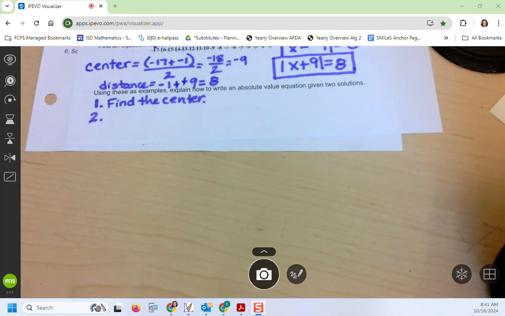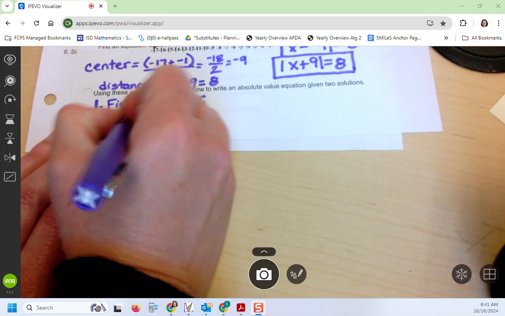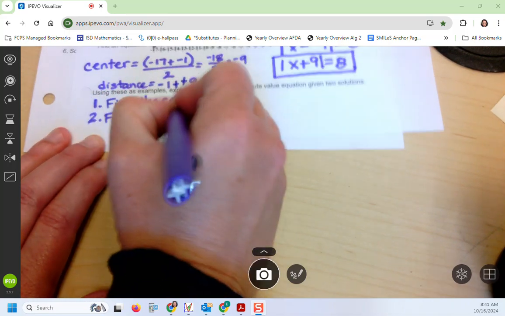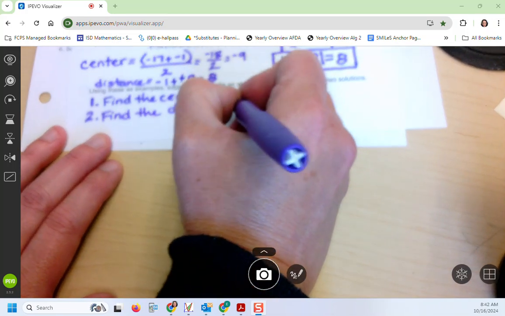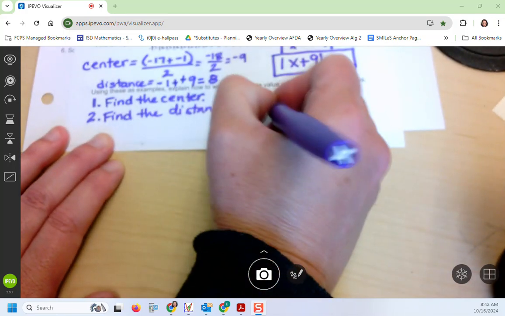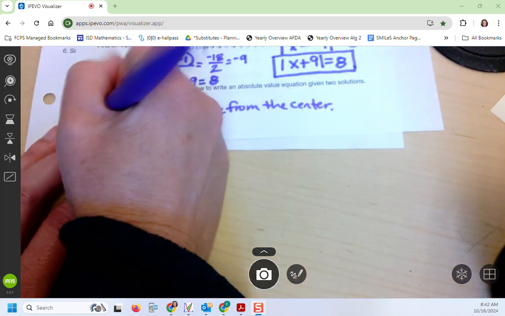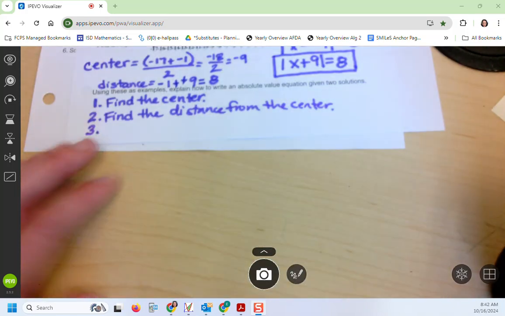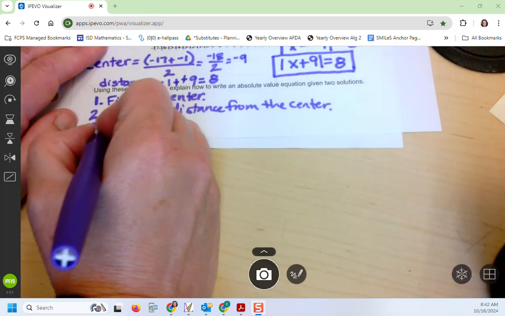Find the distance from the center. Good. And then step 3, we're going to use that equation, absolute value of x minus center equals distance.